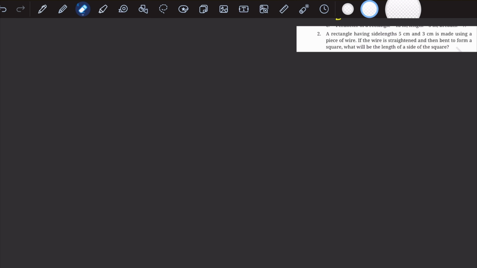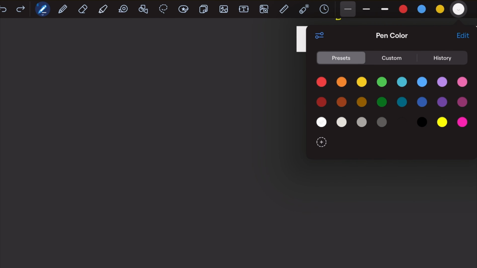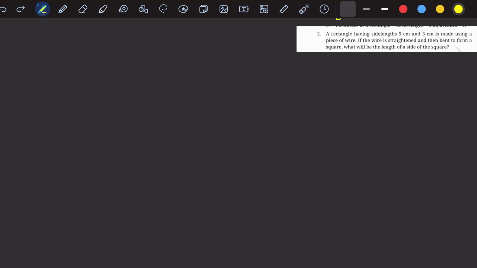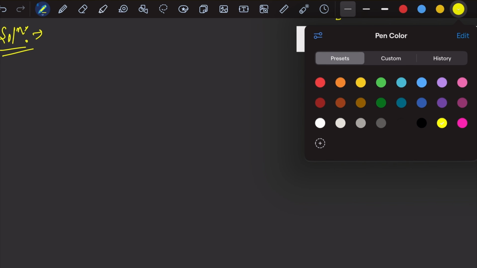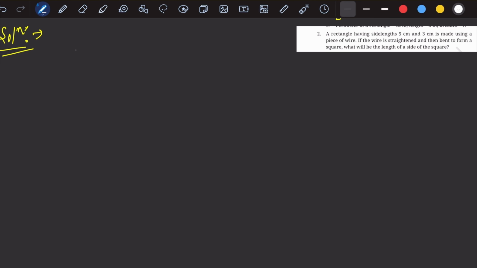Okay, how to solve the question, it is very important to understand what is written in the question. Okay, so the approach will be, let's make one rectangle first. Solution. Now we will make one rectangle first. Let's suppose this is a rectangle.